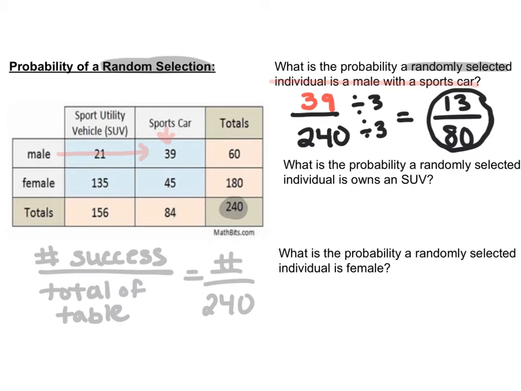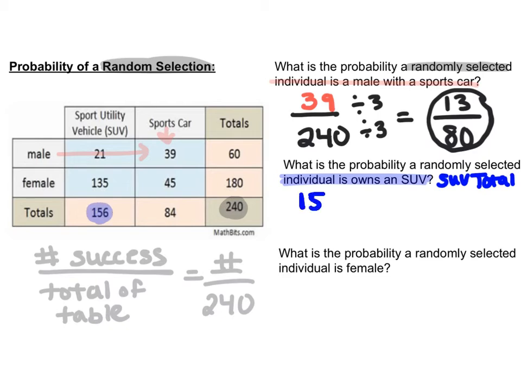Now, the next problem says, what is the probability a randomly selected individual owns an SUV? Now, this doesn't specify whether they're male or female, it's just whether they own an SUV. So this means that they're referring to the SUV total. So I'm looking for the number 156 at the bottom.